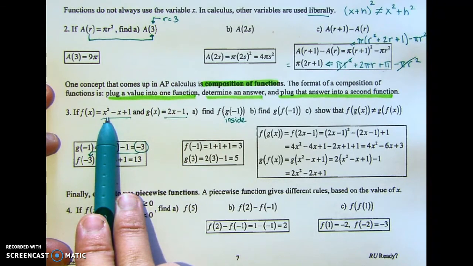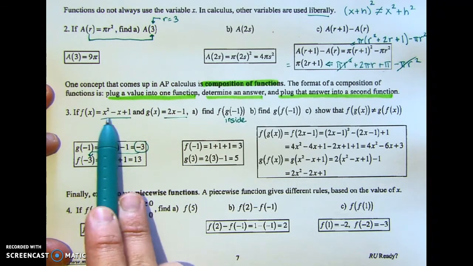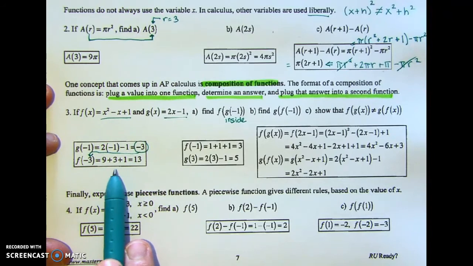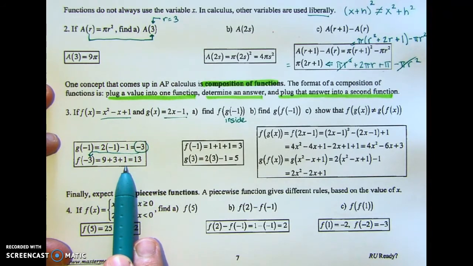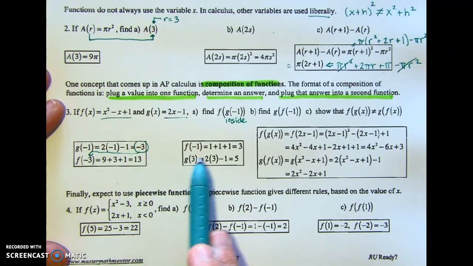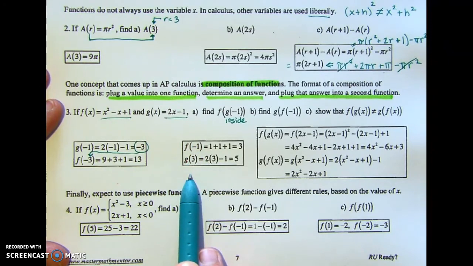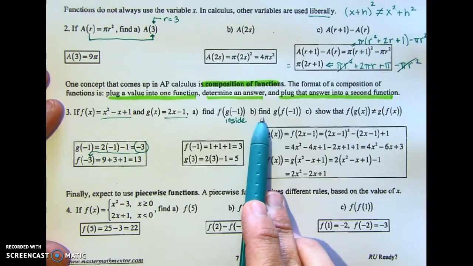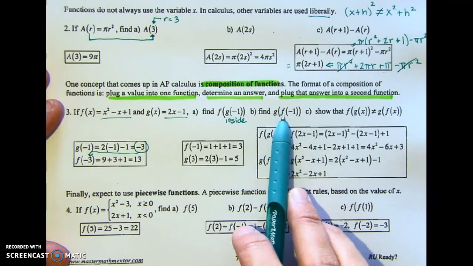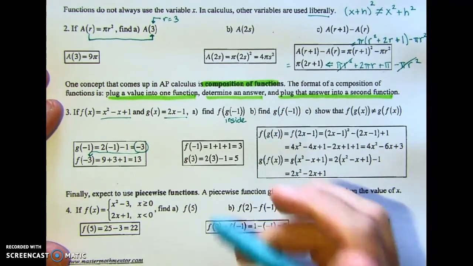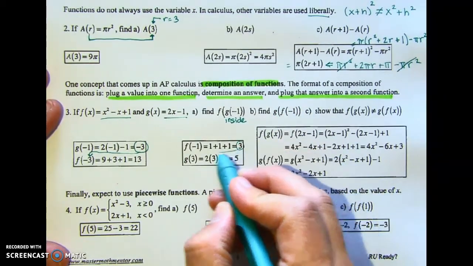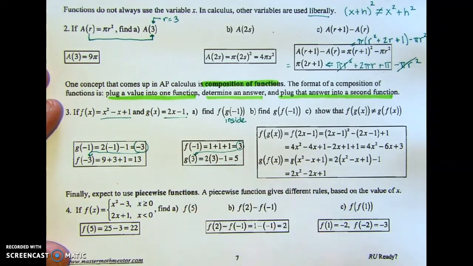So -3 squared is 9, minus -3 would be +3, and then +1, and you get your final answer. Now you can go in the opposite order. So B says, now do F of -1 first, and then plug this answer into G, and you see how it's a different answer.